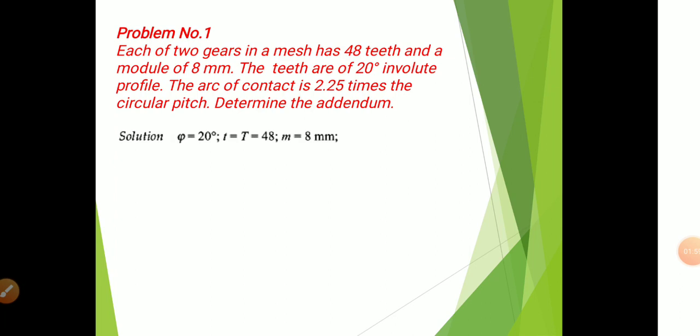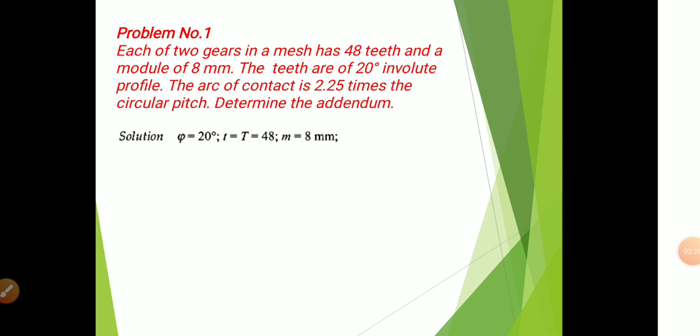So see here the solution. First we have to write down the given data, whatever data is given in the problem. The teeth are 20-degree involute profile, so phi is equal to 20 degrees. Each of the two gears in mesh has 48 teeth and a module of 8 mm.